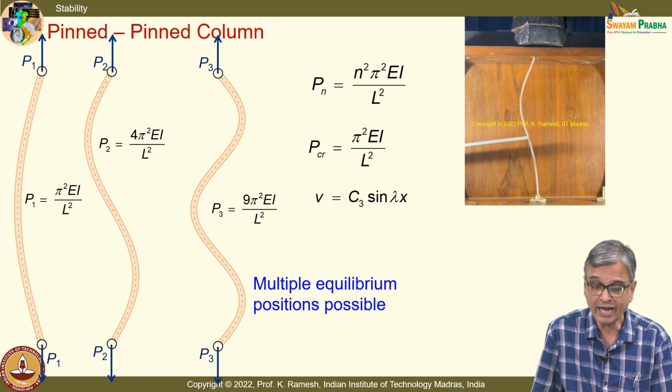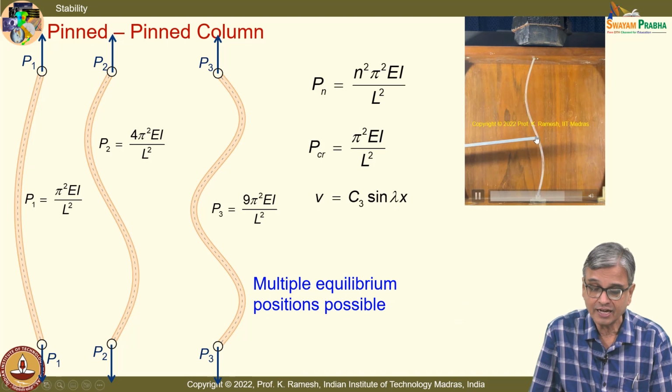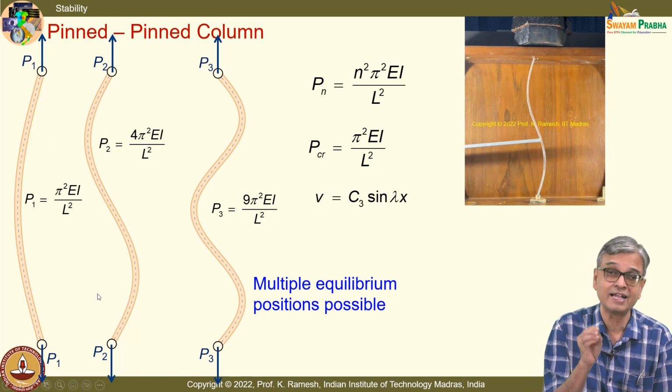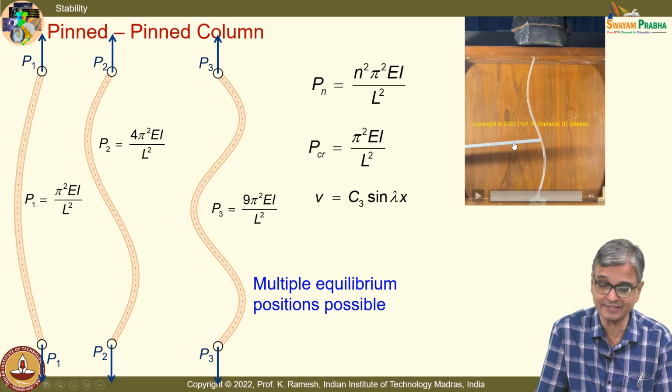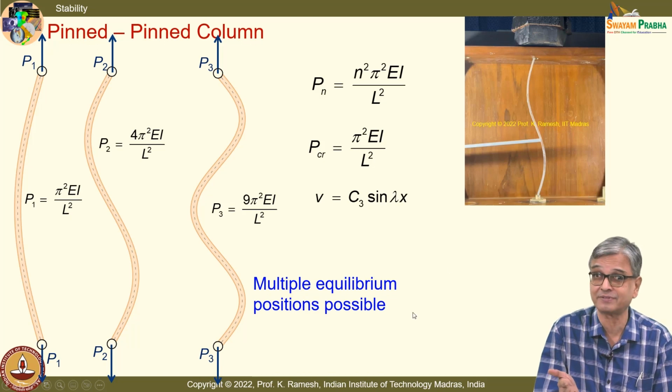You have to put your restraint at the node. For the given load, these higher order positions are not realized in practice unless you prompt the structure to have that. So, this is a very nice experiment my TAs have done, and it shows you can have this shape. You understand?